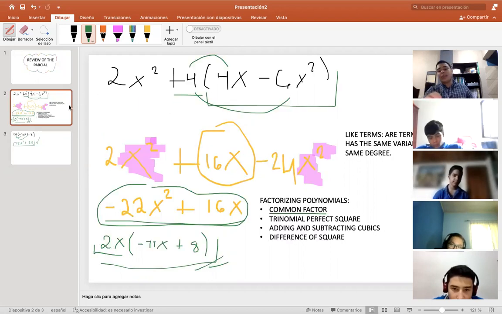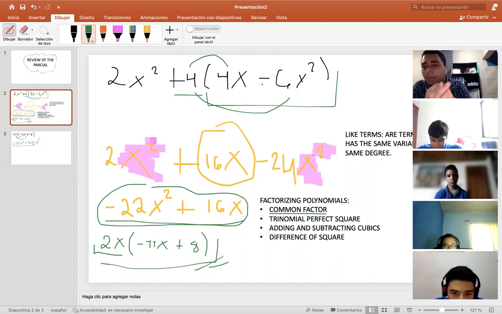Now, as you can see, guys, in this exercise, we practiced how to multiply a polynomial. We practiced how to identify like terms.